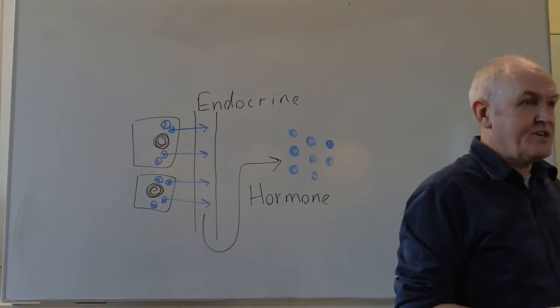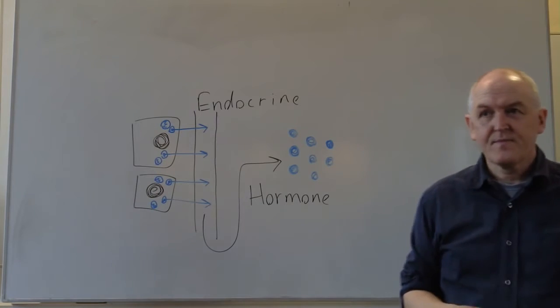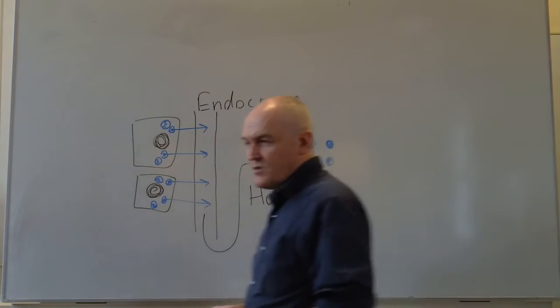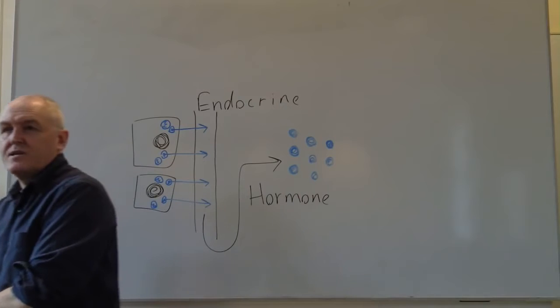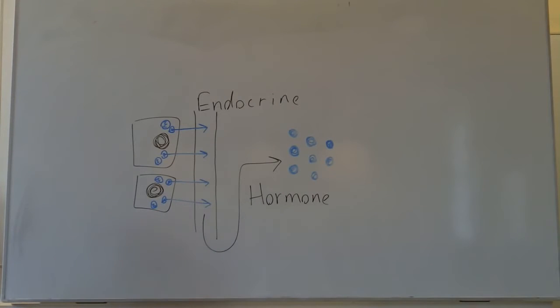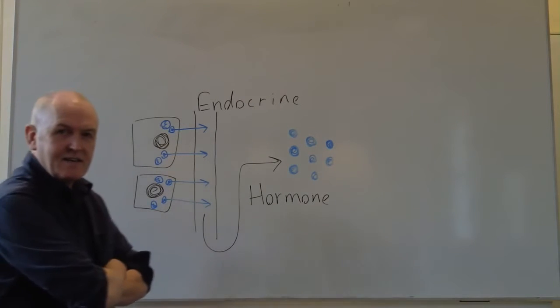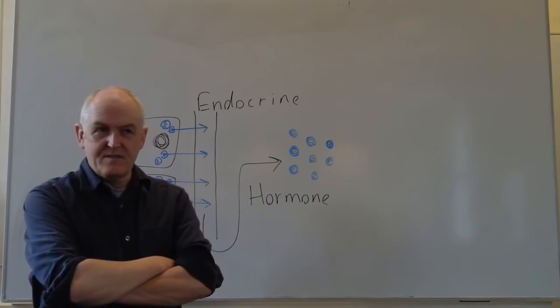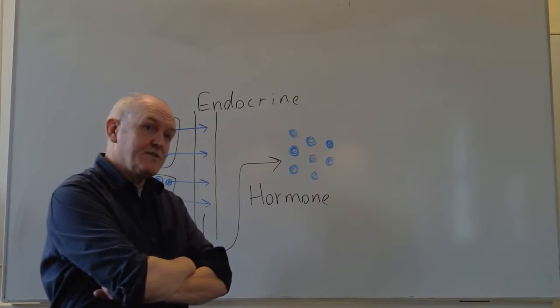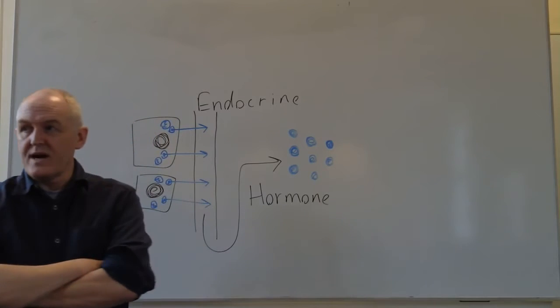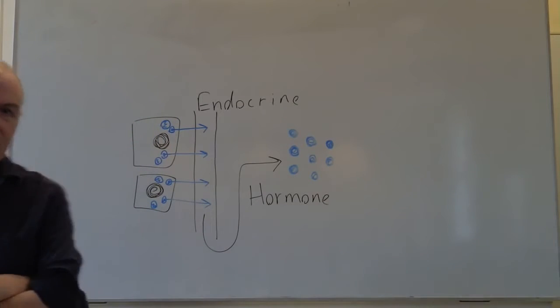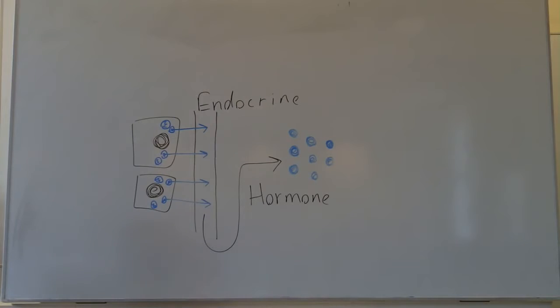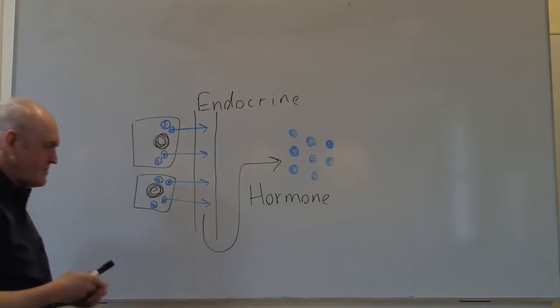This is a communication system. So in the body, as you know, messages can be transferred around the place quite quickly, and coordination can be facilitated using neuronal transmission in the nervous system. This is an alternative way, or an additional way, that messages are transmitted around the body via endocrine hormones.